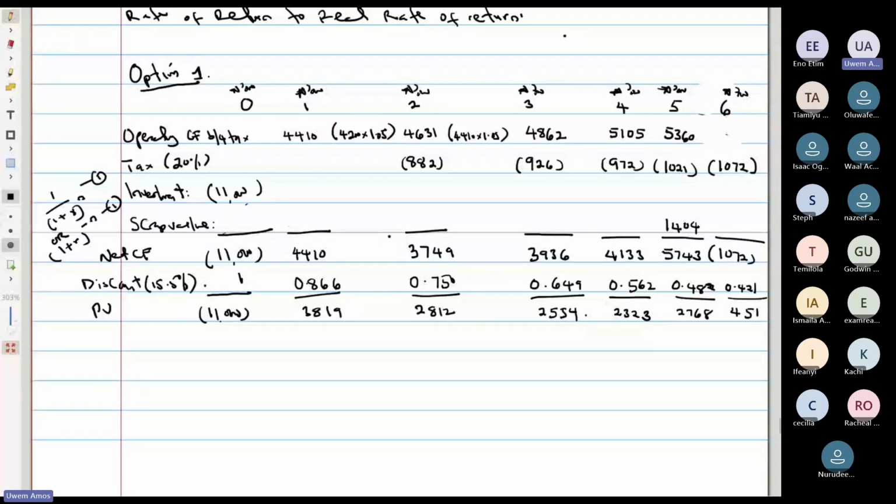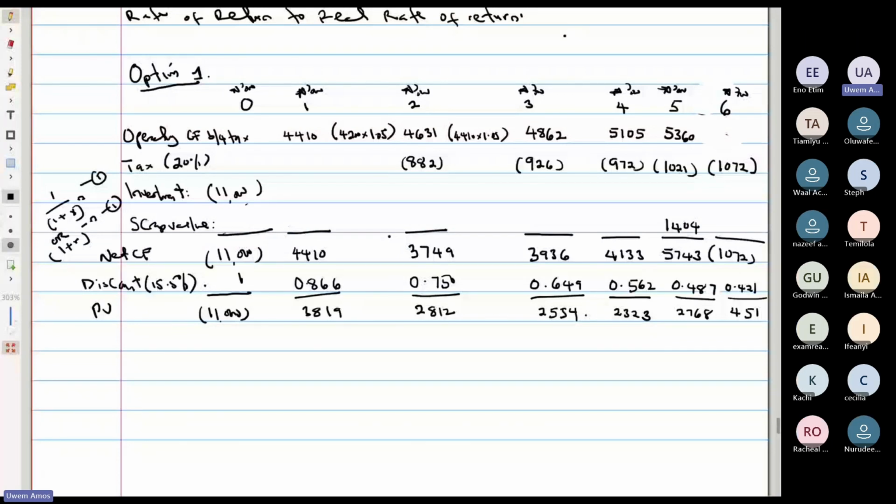I wrote 0.482 in error. So let me correct that. 0.487 multiplied by 5743 is 2797, not 2768.